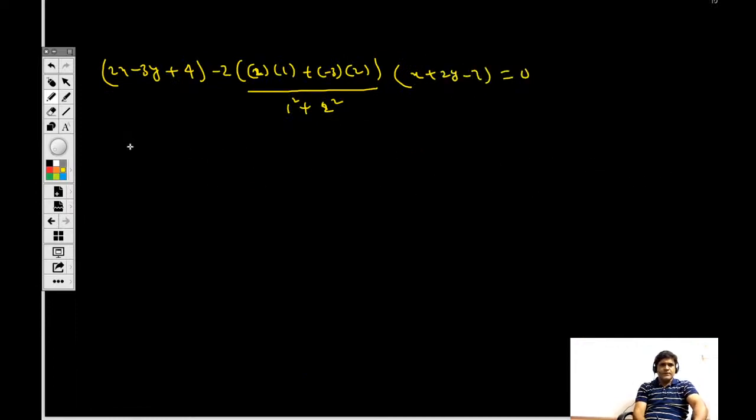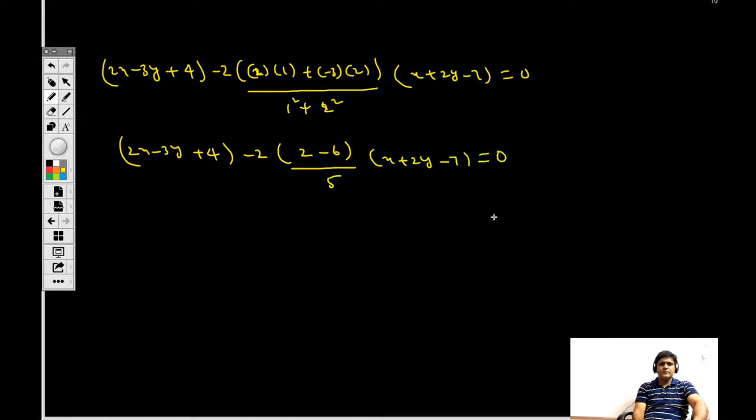So simplify this one, that is 2x minus 3y. Here you will get the reflected ray also. This is 2 minus 6 by 5, x plus 2y minus 7 equals 0. Now tell me, what is the reflected ray equation?